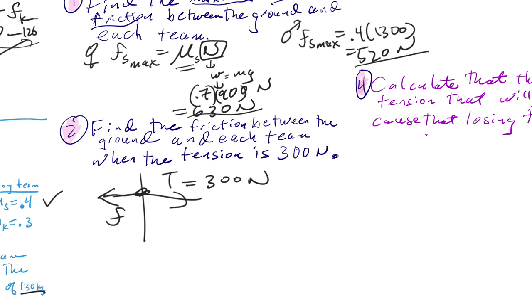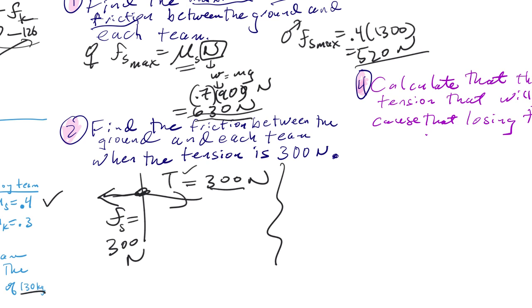Well, they can get up to 630 and not slip. So if 300 is pulling them that way, the static friction won't be maximum, but it will equal that because they won't move. They only move if this tension exceeds 630. It doesn't. It's only at 300. So since it's at rest, the static friction is 300. Okay, that's the girls' team.